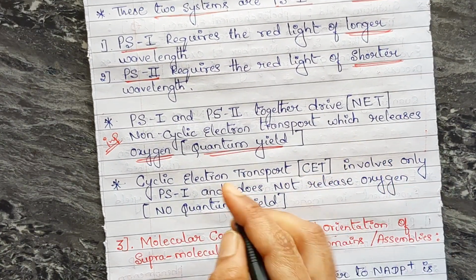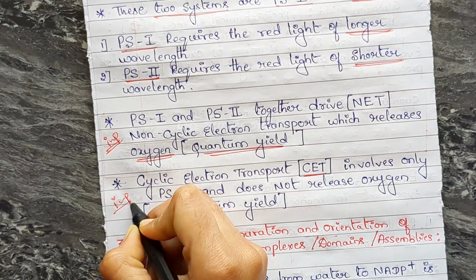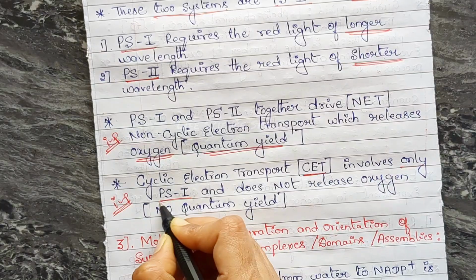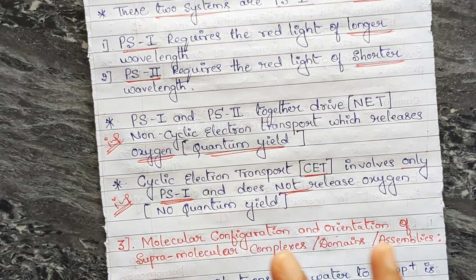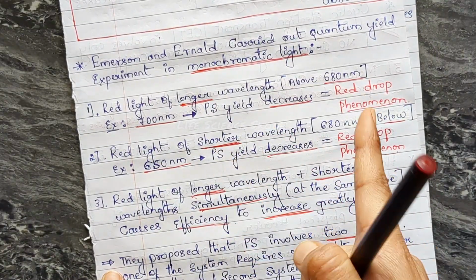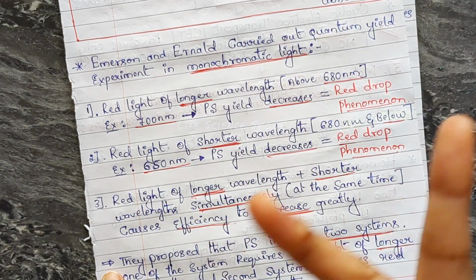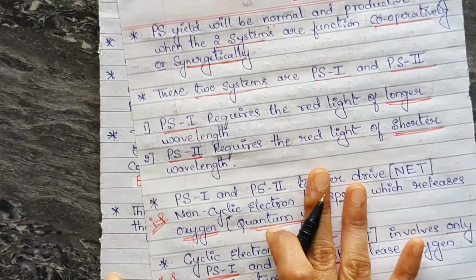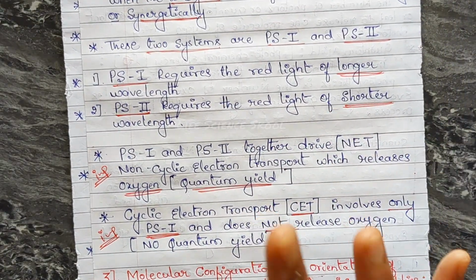But cyclic electron transport, that is CET, involves only one photosystem. That's why it doesn't release oxygen, which means there is no quantum yield. That's why this experiment itself proved that it requires two systems, PS1 and PS2. PS1 with the longer wavelength, PS2 with the shorter wavelength.